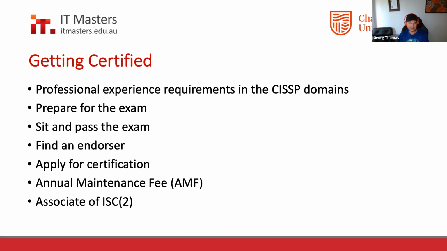If they're happy to do that, great. It's just an online process. You apply, you pay your annual maintenance fee, all that sort of fun stuff, and then they just have to review it and say, I've reviewed this person, or I know them, and I validate their experience. So that's the process.